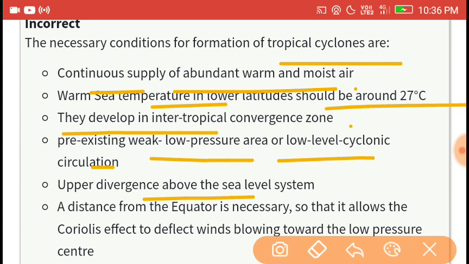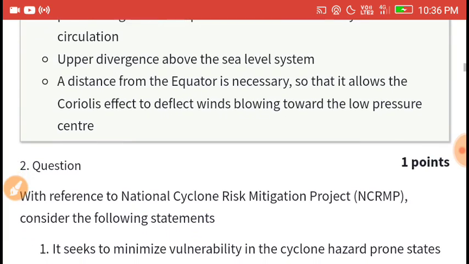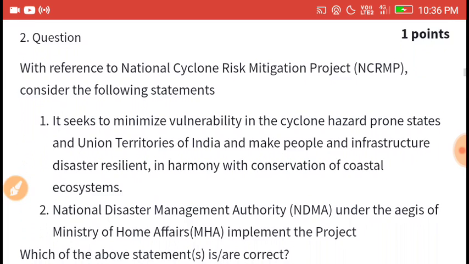A distance from the equator is necessary so that it allows the Coriolis effect to deflect winds blowing towards the low pressure center.